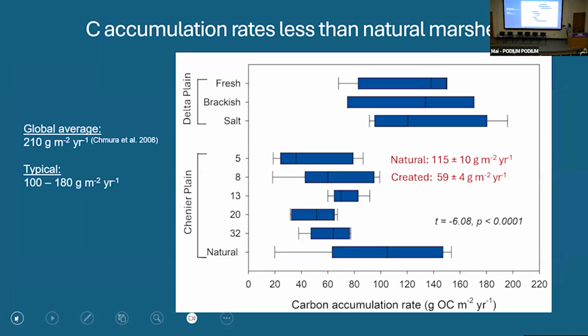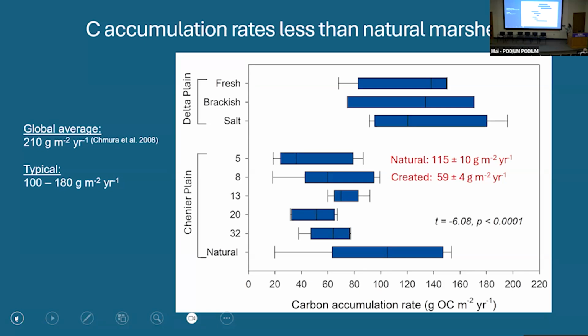So this summarizes the data that we collected with the carbon accumulation rate on the x-axis, the delta plain marshes showing the natural carbon accumulation rates, and there's quite a wide range. And then the natural marshes of the Cheniere Plain, which tend to have carbon accumulation rates slightly less than that of the Deltaic Plain.